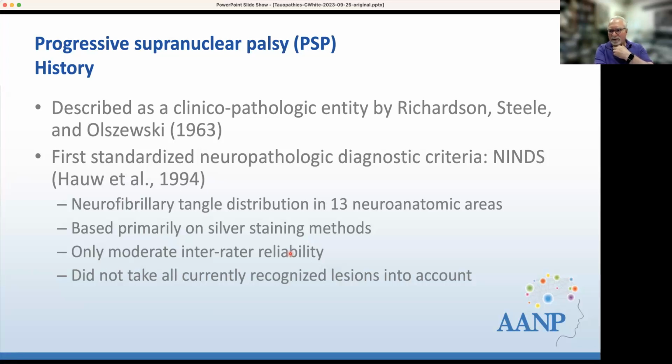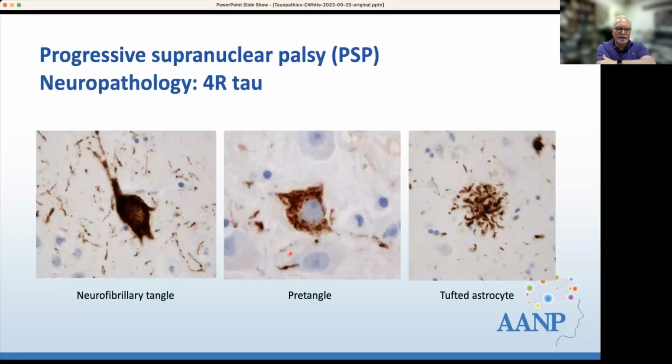It was based predominantly on silver staining methods. It had only moderate inter-rater reliability, and importantly, it did not take into account all of the currently recognized lesions that we know as being part of PSP in today's parlance.